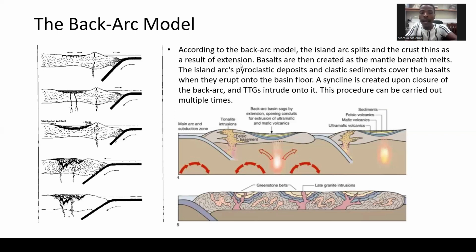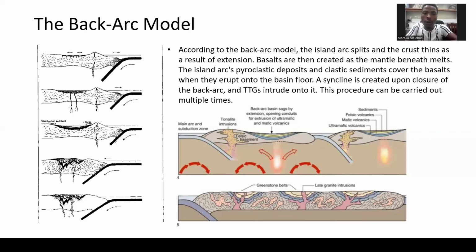The island arcs' pyroclastic deposits and clastic sediments cover the basalts when they erupt onto the basin floor. So it means this basin floor was erupted upon by the basalts.